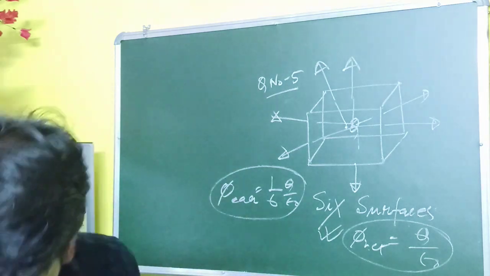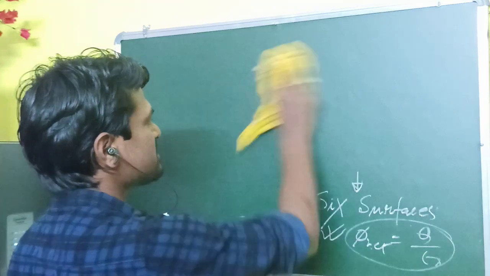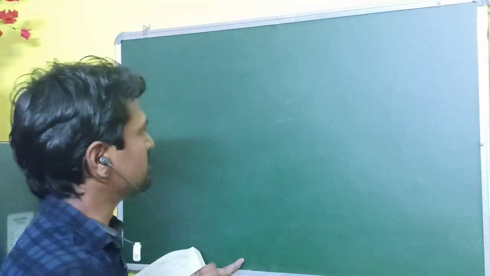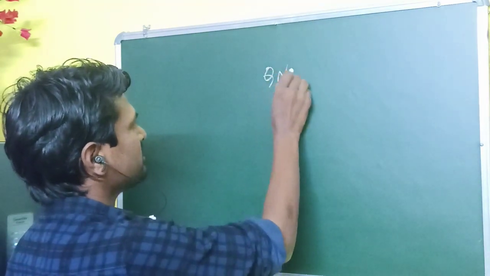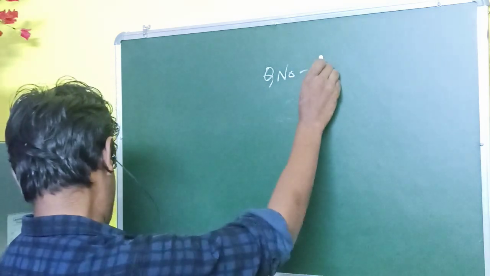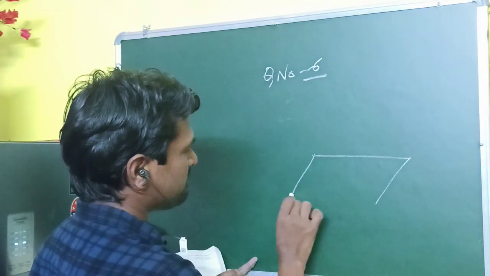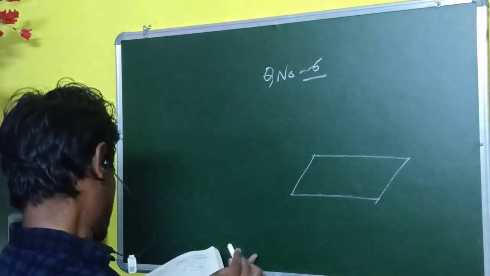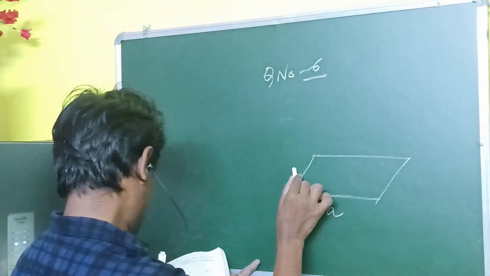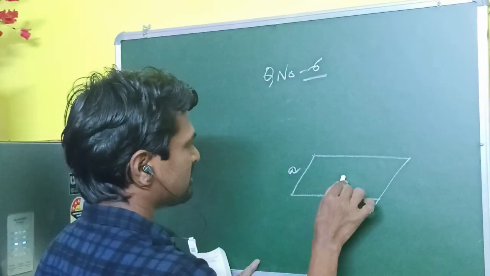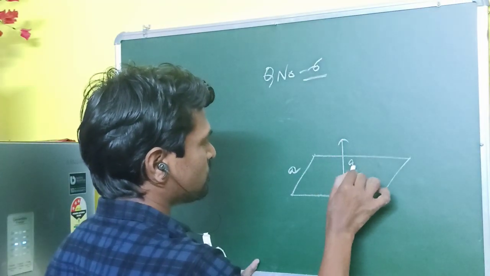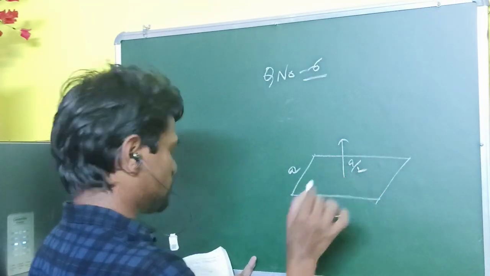So the next question is question number 6, and students, try this numerical; this is the last one. There is a surface given here, and it is a, and it is also a, and this line is a by 2.